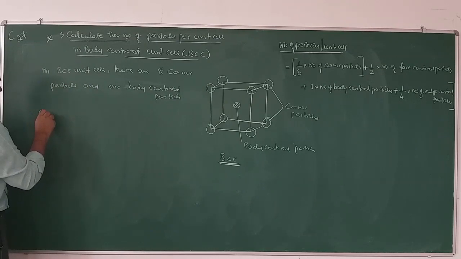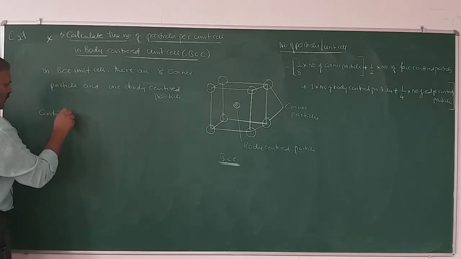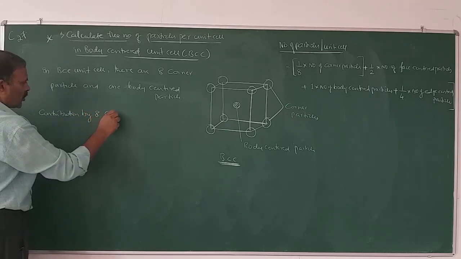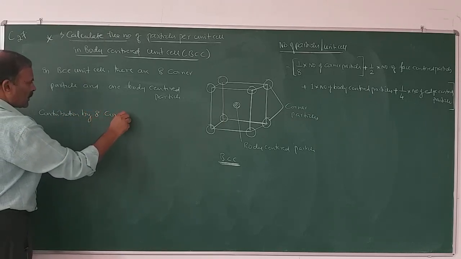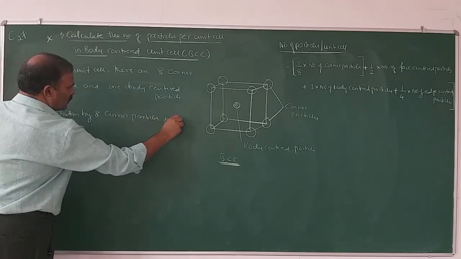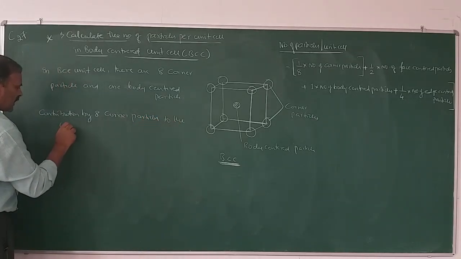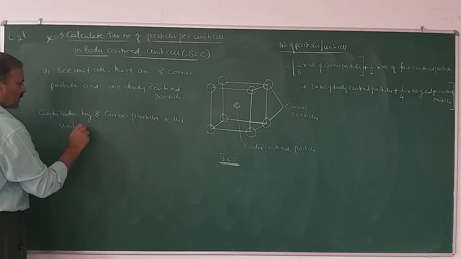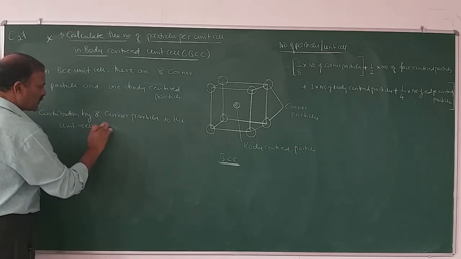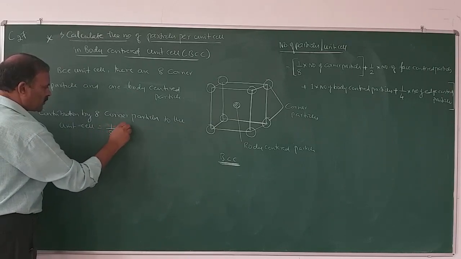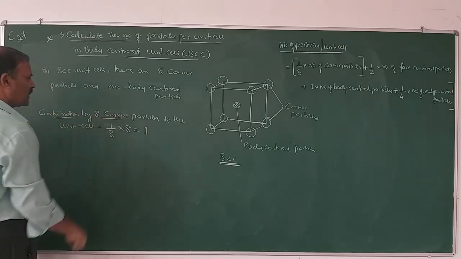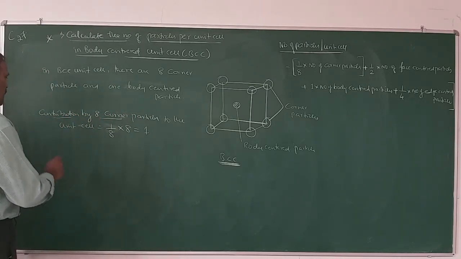Therefore, contribution by 8 corner particles to the unit cell equals 1 by 8 into 8, that is equals 1.